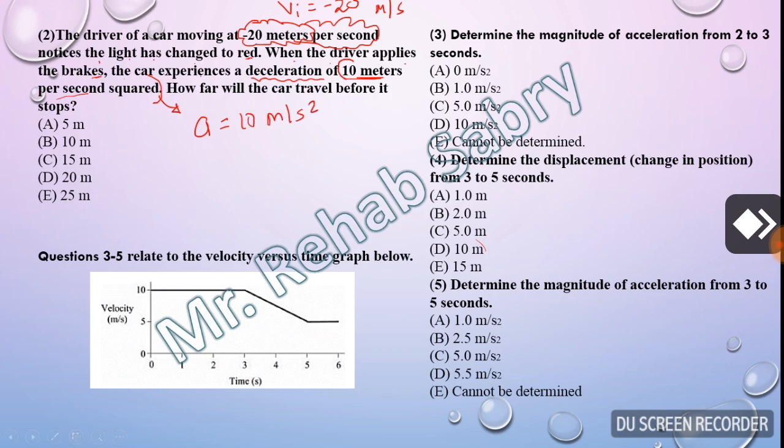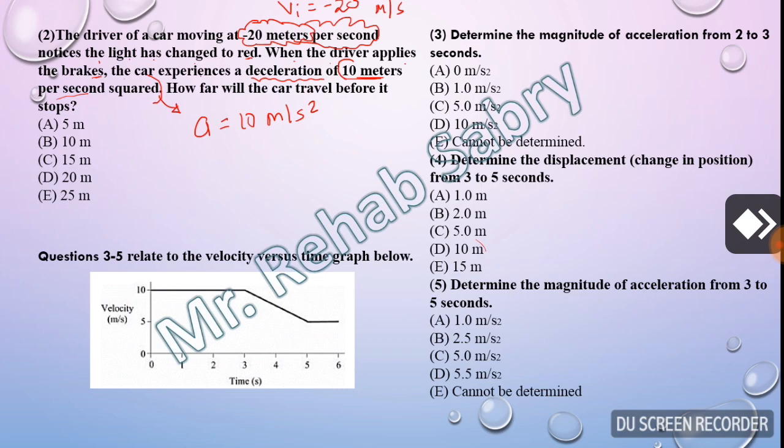Someone may say, yes, Mr., I know it, because he said deceleration, we will use negative acceleration. I'll say no, it's not accurate, because negative acceleration in SAT doesn't mean deceleration. Deceleration means the acceleration which is opposite in its sign relative to the initial velocity.